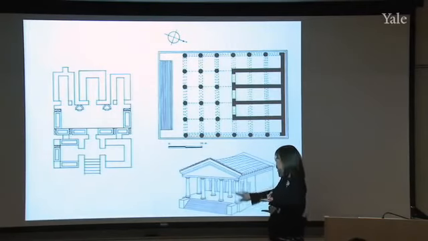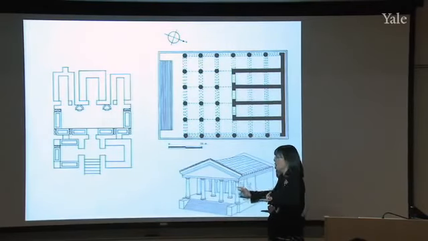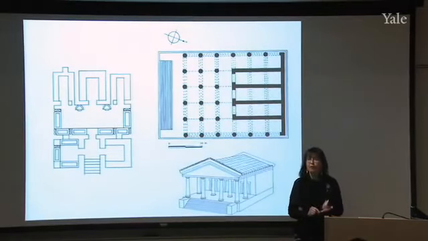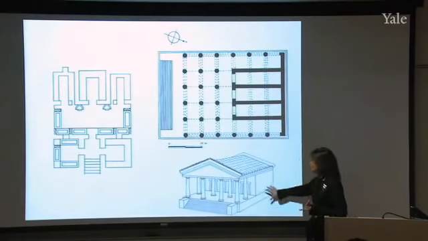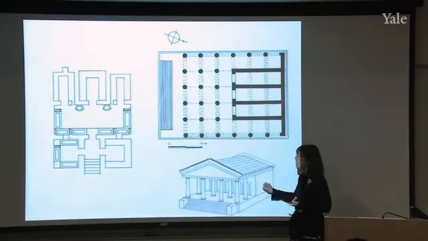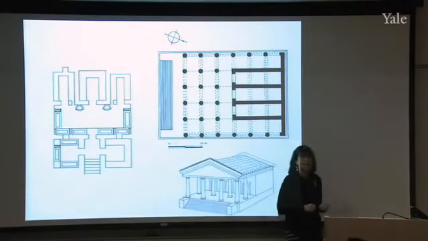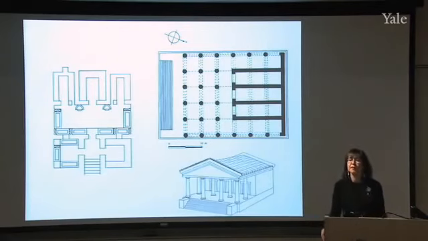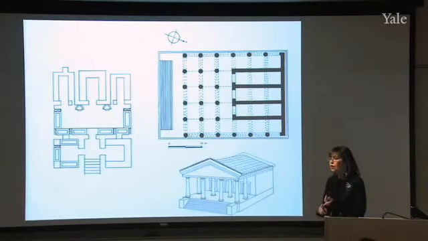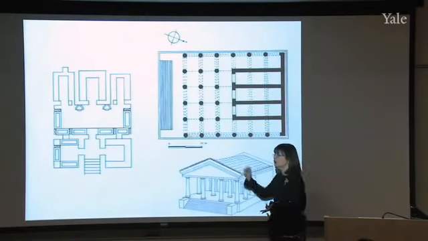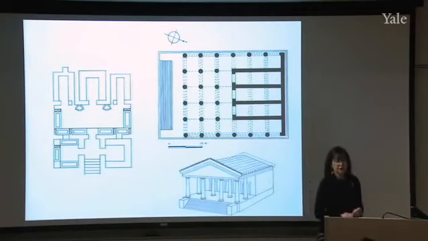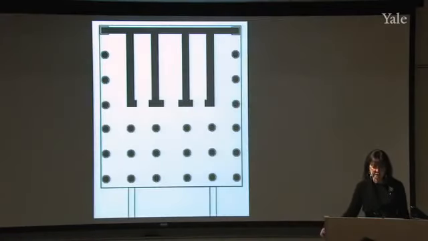Mud brick, not wattle and daub, but mud brick for the podium and for the walls. And then the structure had quite a bit of sculptural decoration in ancient times, which you don't see here. This was made out of terracotta. So wood, mud brick and terracotta were the materials used for this particular building.